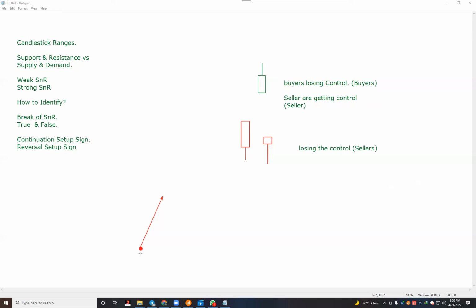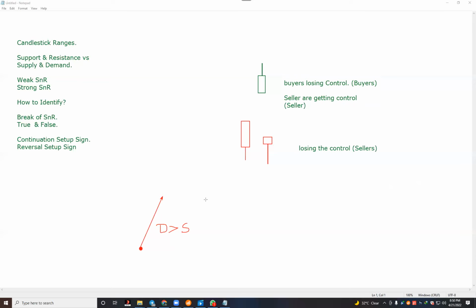Why did price move up? Did supply increase over demand, or demand increase over supply? What's your choice? Demand increases. Very good. So demand is greater than supply, and the price moved up. Agree? Everyone agrees? Yes, sir. If you agree, then keep this point in mind.